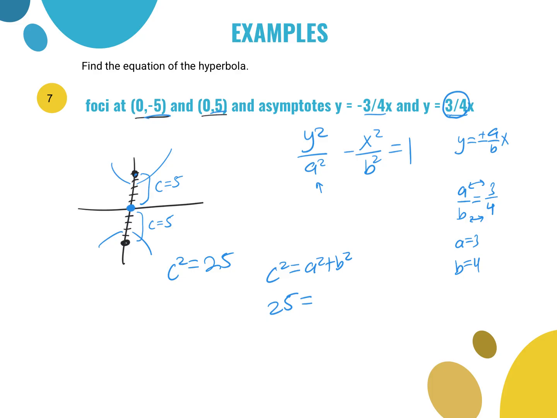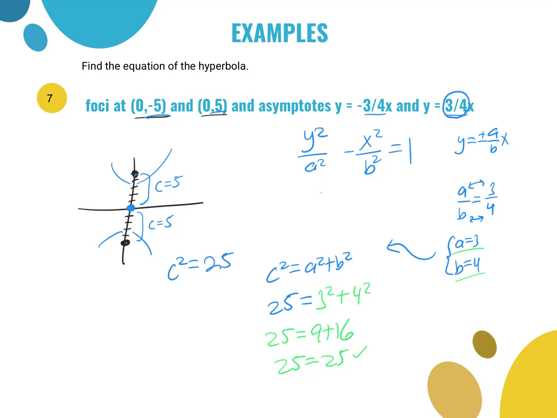And then you really should be confirming this information with that formula, right? And I'll show you what that means, right? So you really should be plugging in 3 squared plus 4 squared and making sure that this is a true statement. So we get 25 equal to 9 plus 16, and then this is true. So that means a is indeed 3 and b is indeed 4.